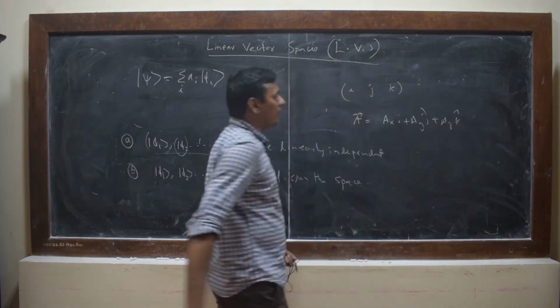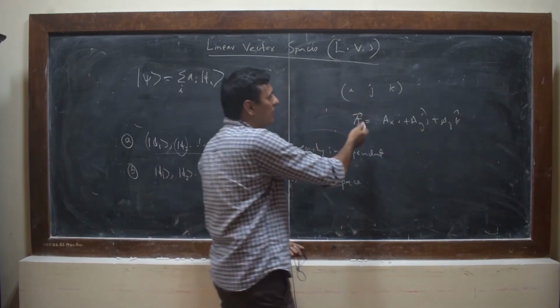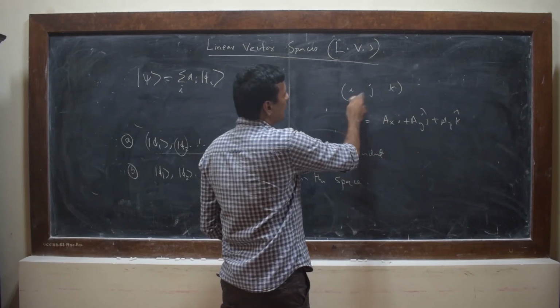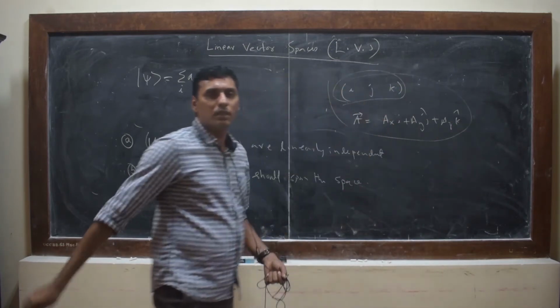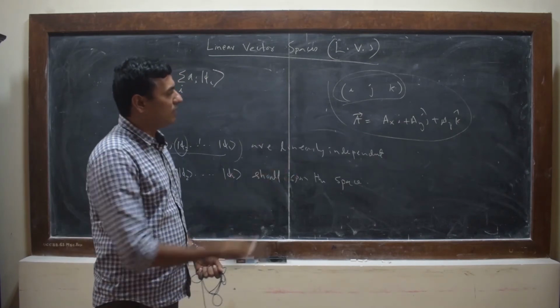So, they span the space. Any arbitrary vector you will be able to write in terms of the unit vectors i, j and k. So, these i, j, k form a basis for 3-dimensional Cartesian space.